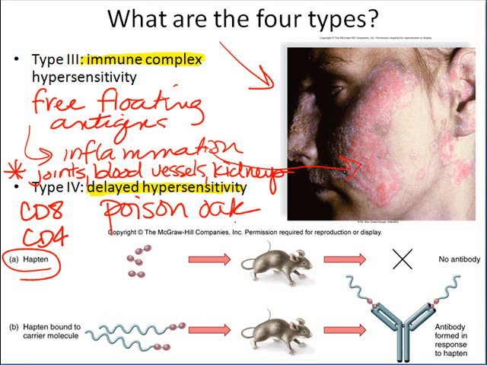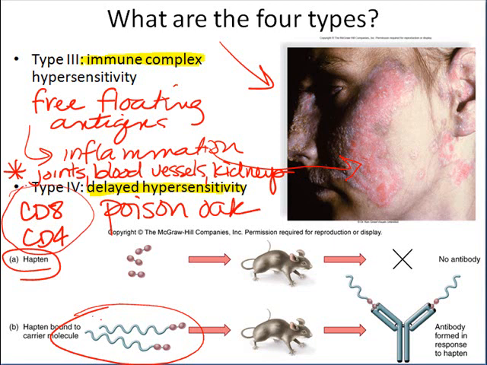Once it comes in contact with the surface of your skin, it can actually stick to things like collagen proteins in your dermis. And once it sticks to those collagen fibers, well, now it is identifiable by an antibody as a foreign agent. It's also going to be picked up by antigen-presenting cells, for example, and as a result, CD4 and CD8 cells are going to become activated.